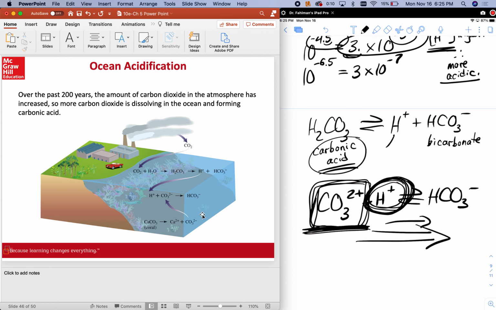And so this is the coral that we have, or the mollusk shells, for instance, is another one. And this is then being dissolved more because it's forcing this in the left to right direction. As more carbonate is being dissolved by the protons, then more of this is dissolving. So this reaction is forcing this to happen to a larger extent.